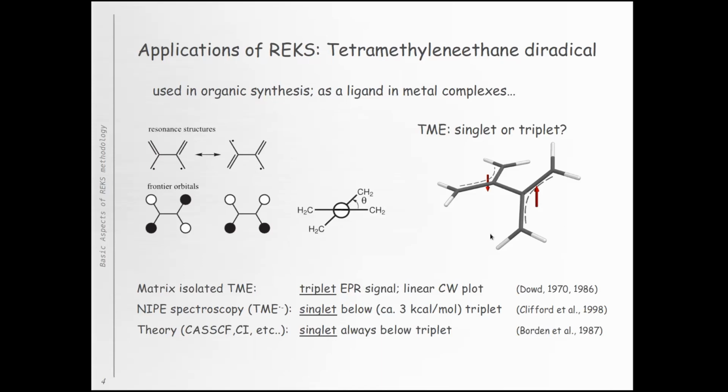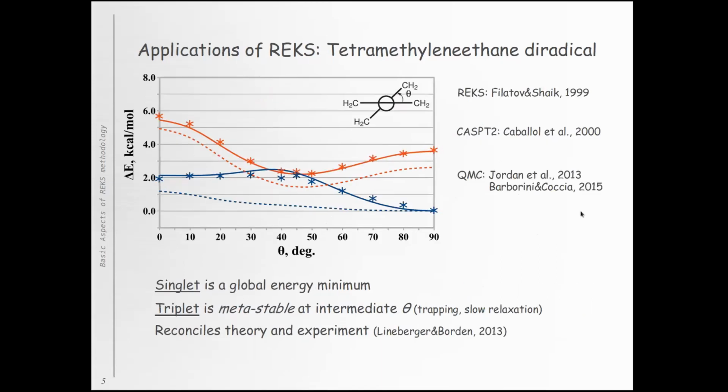As a matter of fact, they are very close at some torsion angle. They even cross or approach each other very closely, so population can in principle be transferred back and forth. But singlet is the global energy minimum and triplet is only a metastable state.